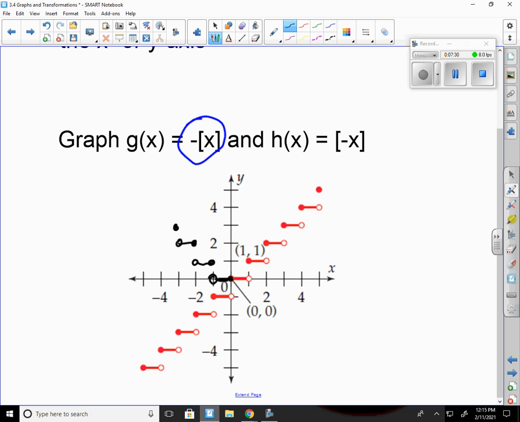And so on, and so on. If it's outside the function, it flips it down over the x. If it's inside the function, negative, it flips it over the y. We're going to do plenty more examples of these.